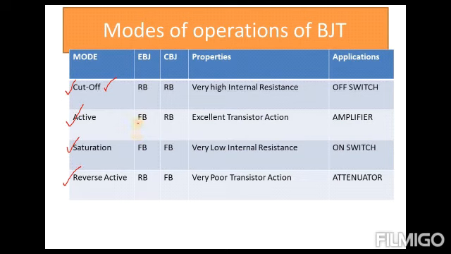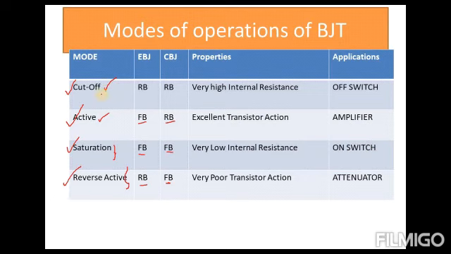When the emitter base junction is forward biased and the collector base junction is reverse biased, the transistor operates in the active region. When both emitter base and collector base junctions are forward biased, the transistor operates in the saturation region. Whereas when the emitter base junction is reverse biased and the collector base junction is forward biased, the transistor operates in reverse active. Practically we are not using this region.